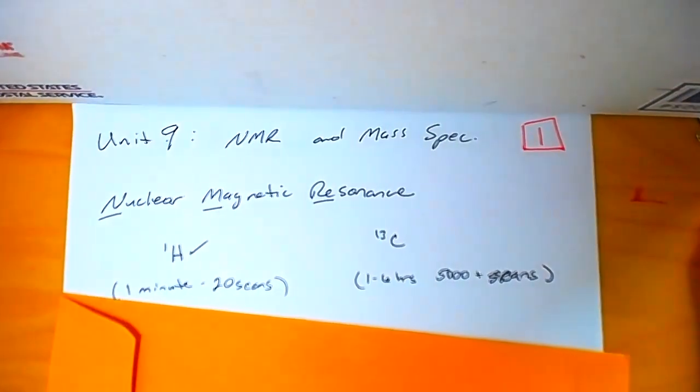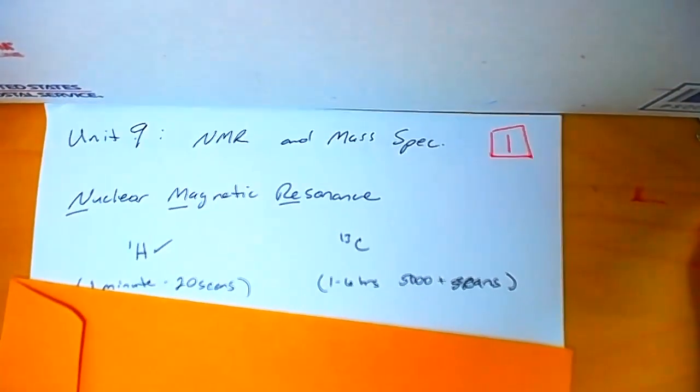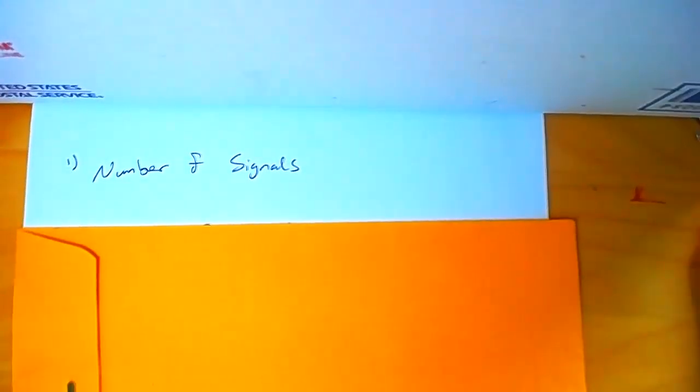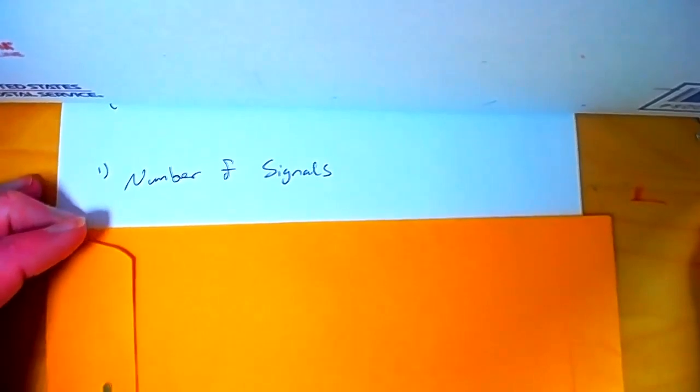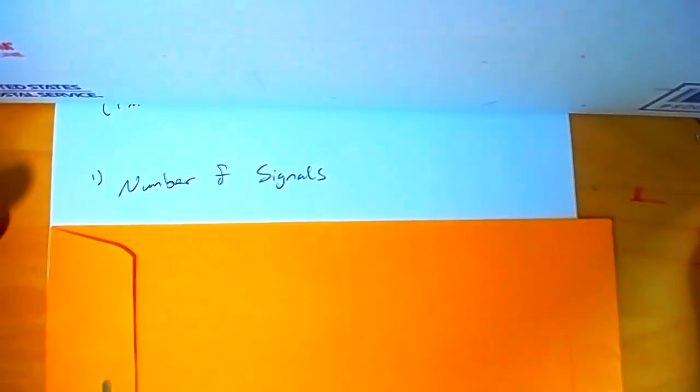So what we're going to talk about first is proton NMR, and I'm going to go through the things that I think are the most important that you need to be able to do. The first thing is to be able to count the number of signals that you're going to see in a given sample. What I like to do is look at the compound and predict how many signals I'm going to see in the spectra.